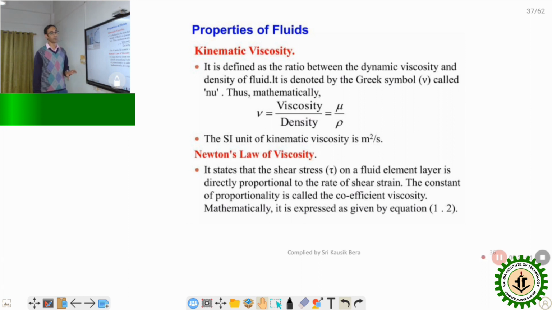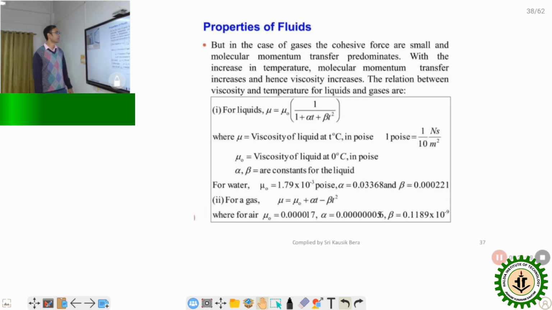Newton's law of viscosity states that the shear stress on a fluid element layer is directly proportional to the rate of shear strain, and the constant of proportionality is called the coefficient of viscosity. Mathematically, tau is proportional to du by dy.